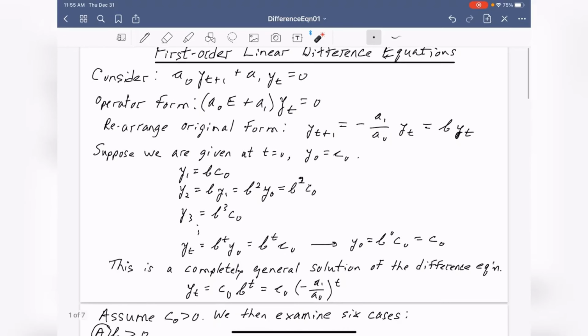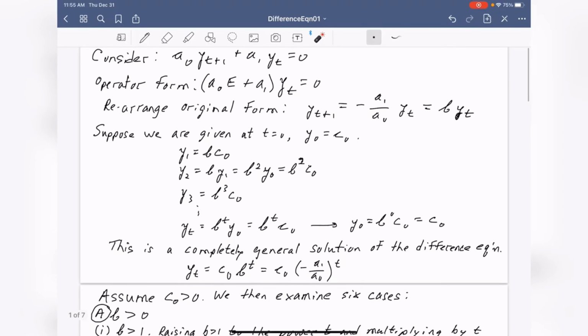Now what we need is an initial condition. So let's suppose that we're given at time t equals 0 that y at time 0 is equal to c0. So that means that y in the next period, y1, because t equals 0, is y1 equal to b times y0, which with y0 being c0 gives us y1 equal b c0.